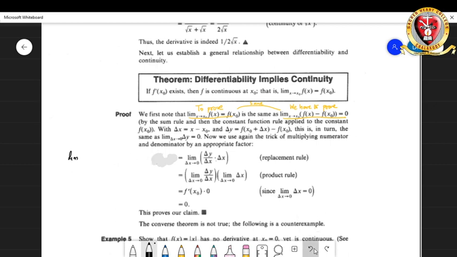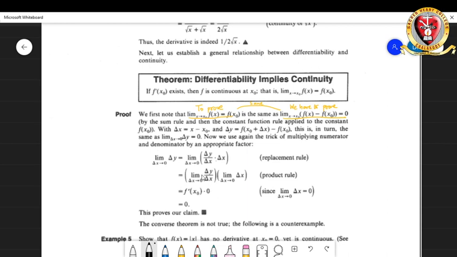So the same term is taken, limit delta x tends to 0 delta y, that is equal to, we can divide it by delta x and multiply it with delta x, that is one and the same. Okay, and by the property of limits, the product rule, you can split the first term and write it as a product. So that is equal to limit delta x tends to 0 delta y by delta x into limit delta x tends to 0 delta x.